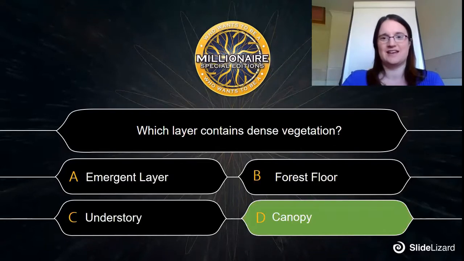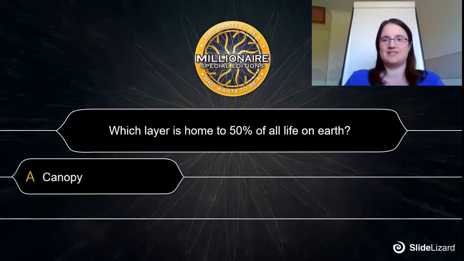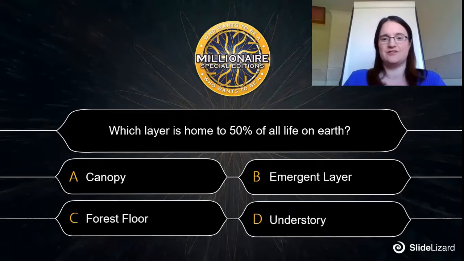Hopefully you're getting there. 100,000. Which layer is home to 50% of all life on Earth? A, canopy, B, emergent layer, C, forest floor, D, understory. Which layer is home to 50% of all life on Earth?